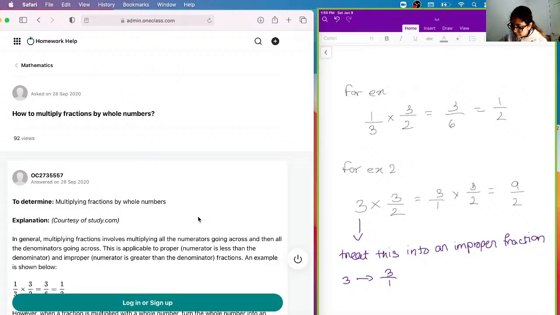And so our conclusion is when a fraction is multiplied by a whole number, you turn the whole number into a proper fraction by making the whole number the numerator. In this case, 3 would be the numerator and your denominator would be 1. And then you multiply all the numerators going across and then all the denominators across.